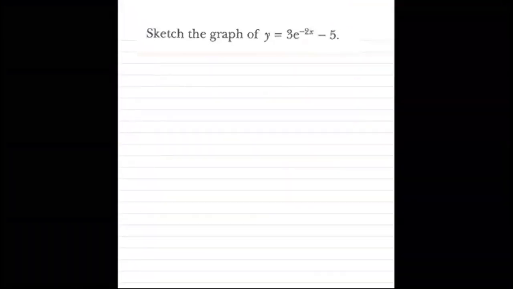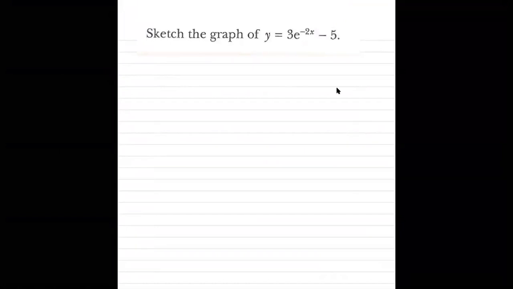Okay. So all you need to do is remember the sketch of e raised to the power of minus 2x. First, let us do some calculations.